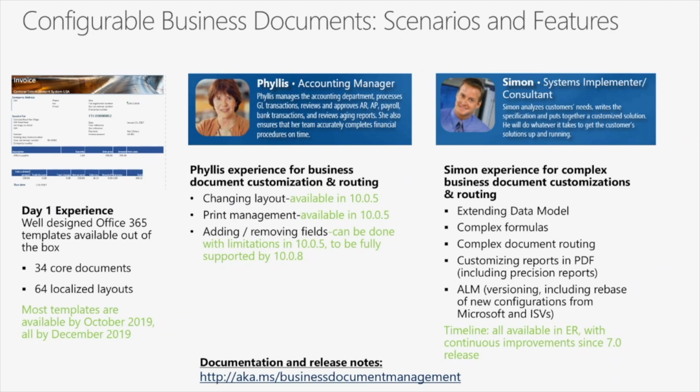He knows the finance and supply chain management data model. He knows Excel pretty well, but he is not a developer. So this tool is a no-code tool which allows Simon to configure electronic outputs like payment formats, tax reports, etc.